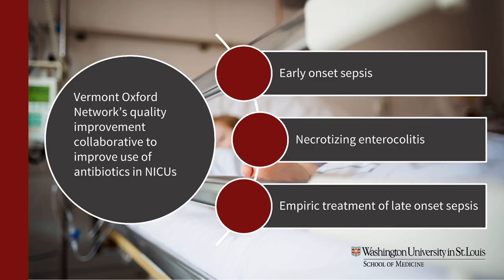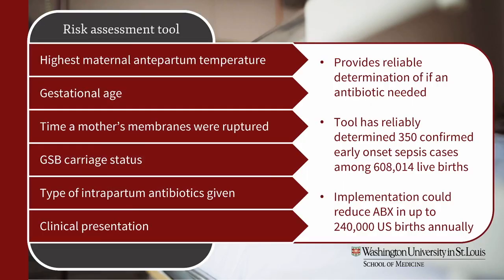For early onset sepsis, in infants 34 weeks and older, a validated risk assessment tool has been used to help clinicians know when it is safe to not prescribe antibiotics. This risk assessment tool uses the following factors: highest maternal antepartum temperature, gestational age, length of time a mother's membranes were ruptured, group B streptococcal carriage status, and type of intrapartum antibiotics given.